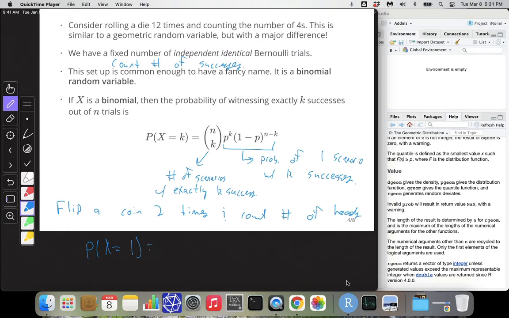So what is this going to be? If we want to find the probability of 1 heads out of 2 flips, what's this going to be?